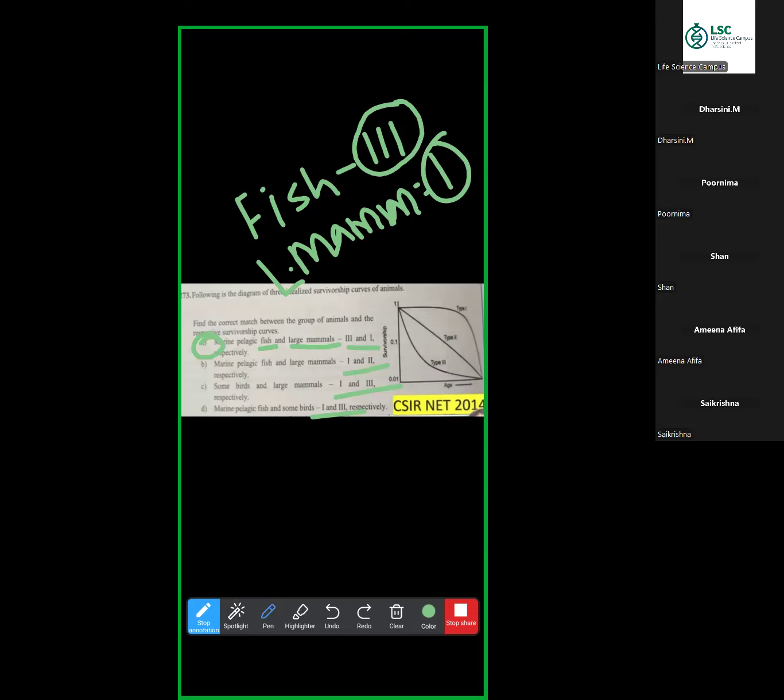So birds exhibit type 2. But in the option, they are given type 1. So it is wrong. And here birds type 3. So it is also wrong.